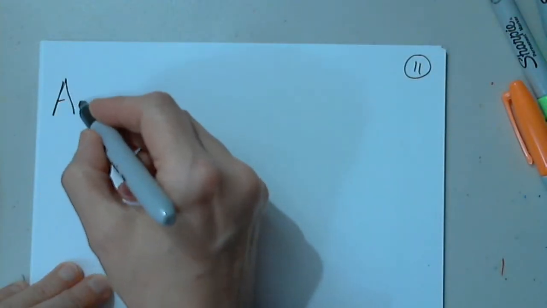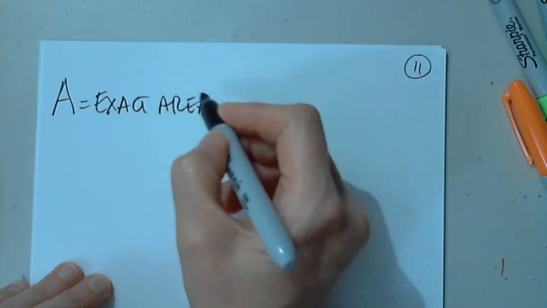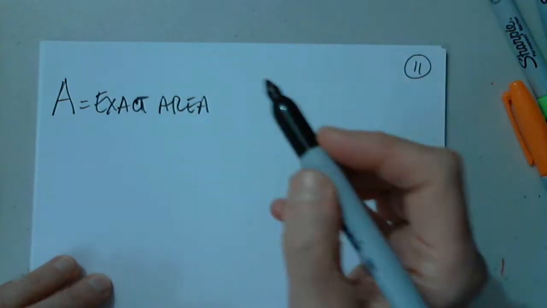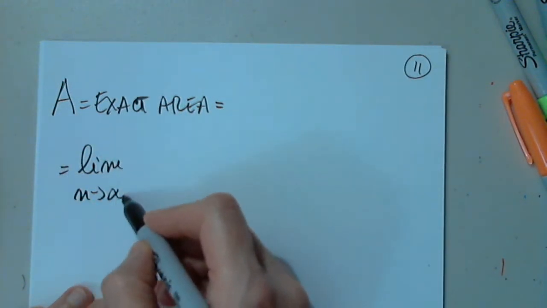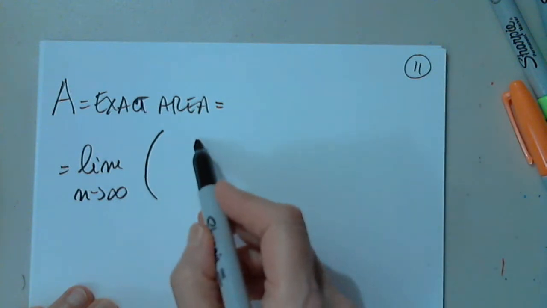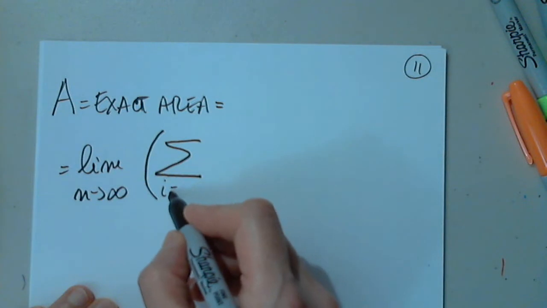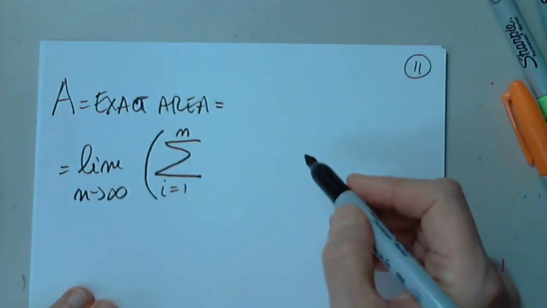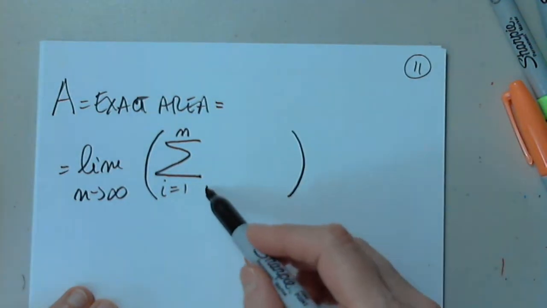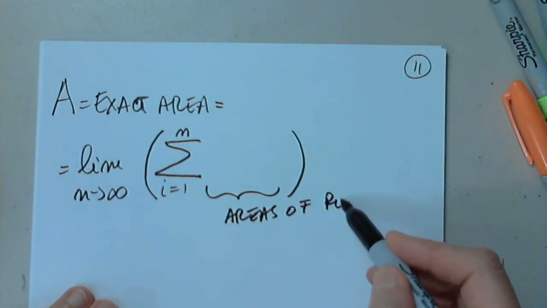So the exact area equals the limit as n approaches infinity of the sum from i equals 1, the first subinterval, till the last one, of areas of rectangles.